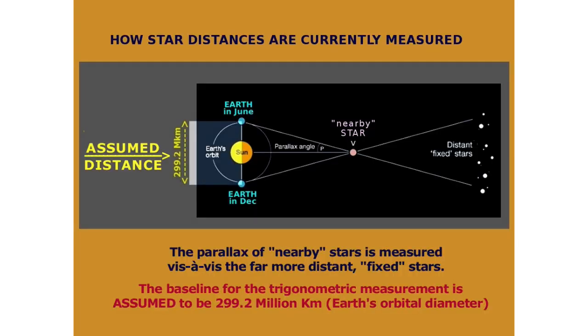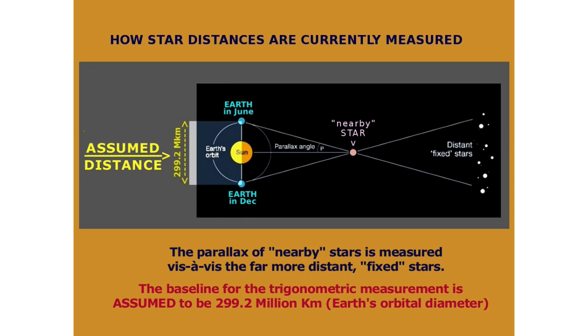Do you want to pick us up there and explain how the estimate of the star's distance is quite possibly overestimated? Yes, so the baseline they're using is this 300 million kilometer baseline, which is the supposed diameter of Earth's orbit around the sun.